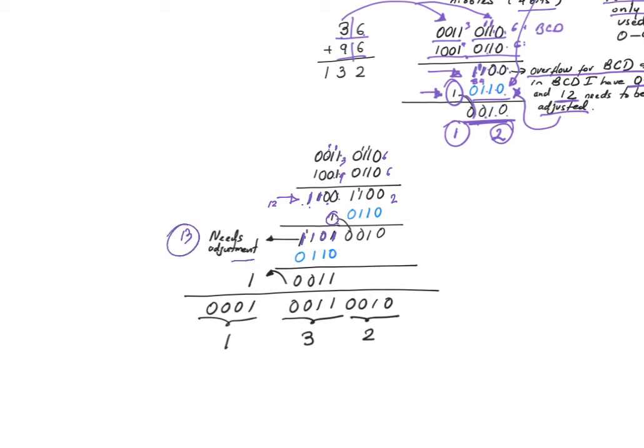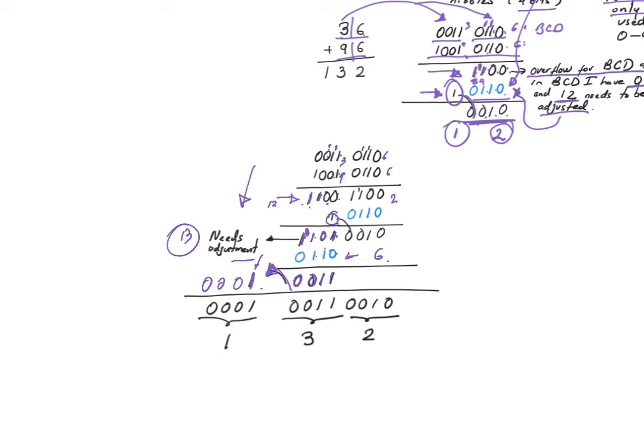And we need to adjust that number. So we add the 6: 1 plus 0 is 1, 0 plus 1 is 1, 1 plus 1 is 0 and carry 1, 1 plus 1 is 0 and carry 1, right? Now, we don't have more numbers coming here, so we don't need to adjust this. We just need to represent the one that we have in the nibble.